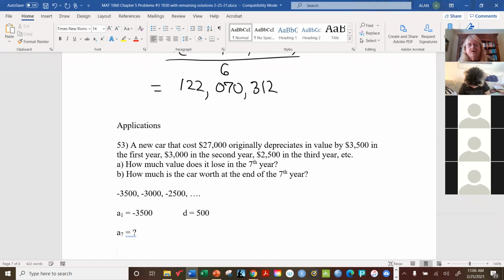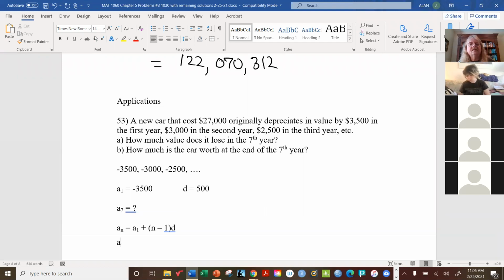All right, so if you recall from earlier, we had this formula for arithmetic sequences: A1 plus (n minus 1)d.